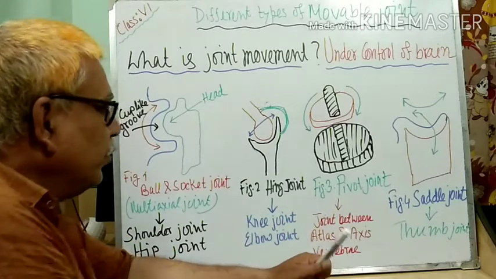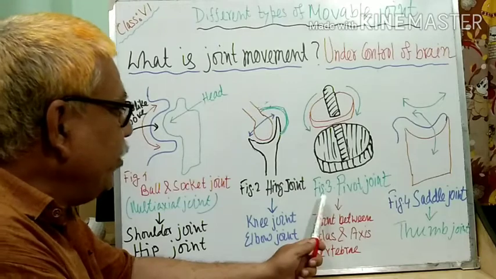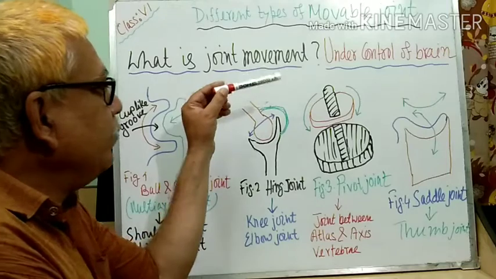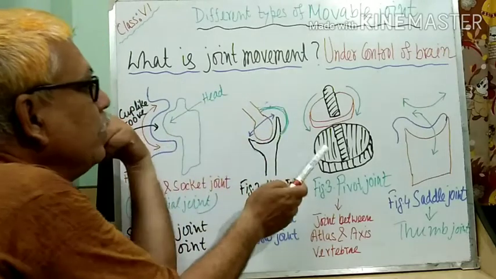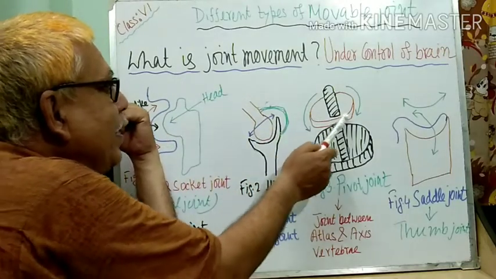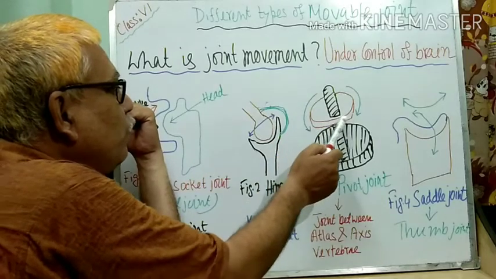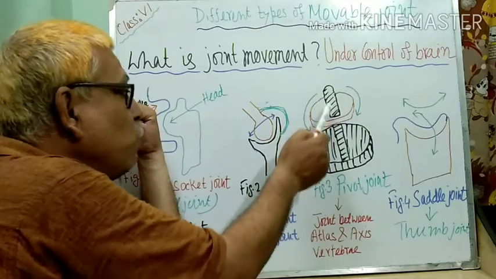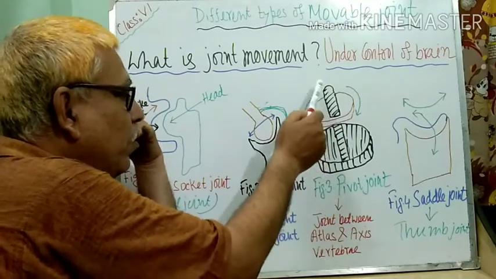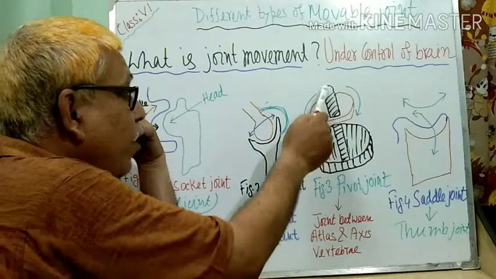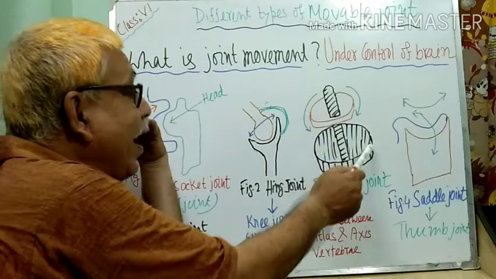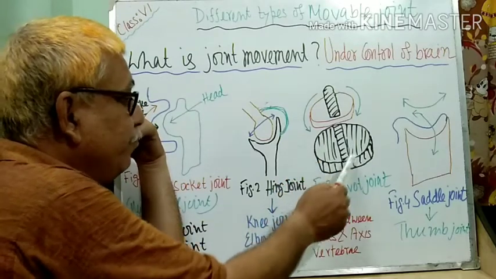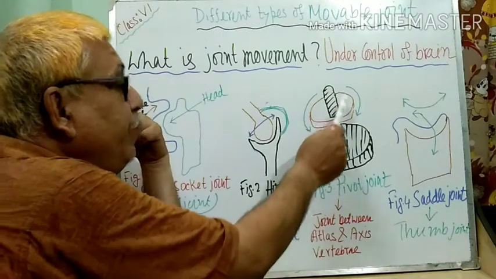Now come to the third point, figure 3, pivot joint. See here, the ring-like or circular structure of one bone surrounds or rests on the pivot-like structure of another bone. This type of joint is called a pivot joint.